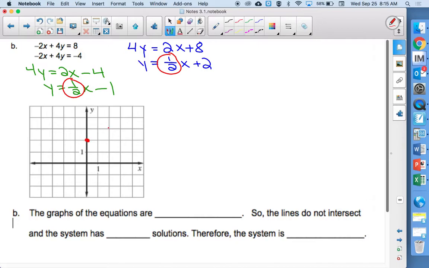One starts up at 2, and then the other one goes down to -1. Because these are parallel, the lines do not intersect and the system has no solutions. So this is inconsistent.